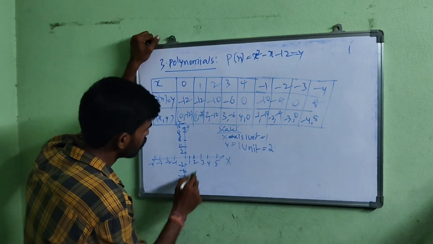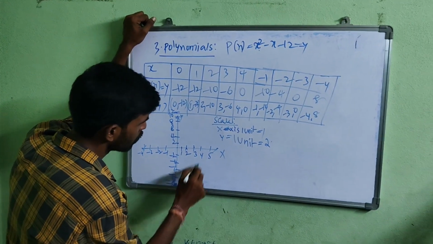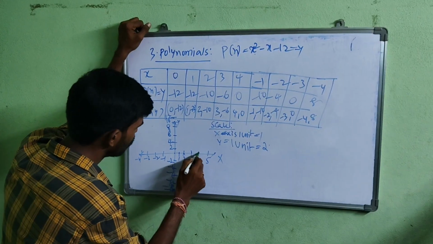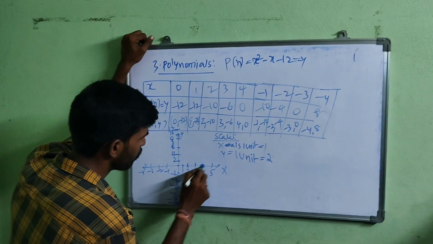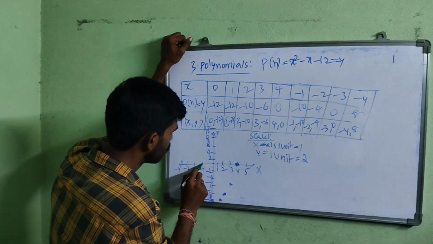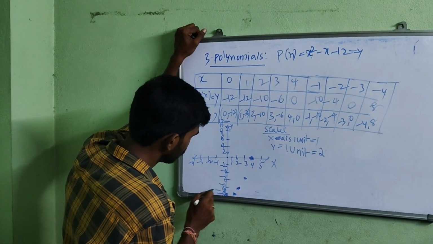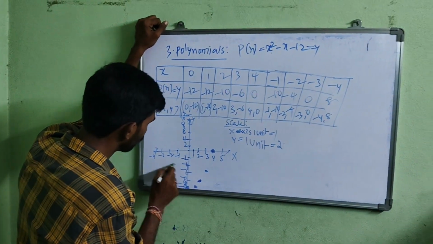Next 3 comma -6, 3 and -6, here is the -6. 4 comma 0, y is 0 here. Next -1 comma -10, -1 and -10 here. -2 and -4, here is the -4.